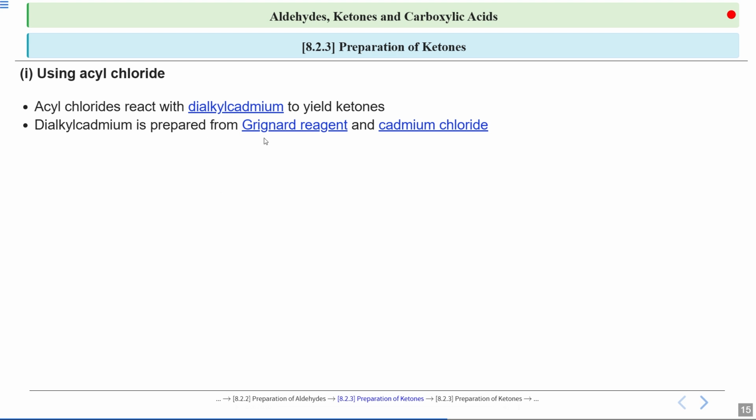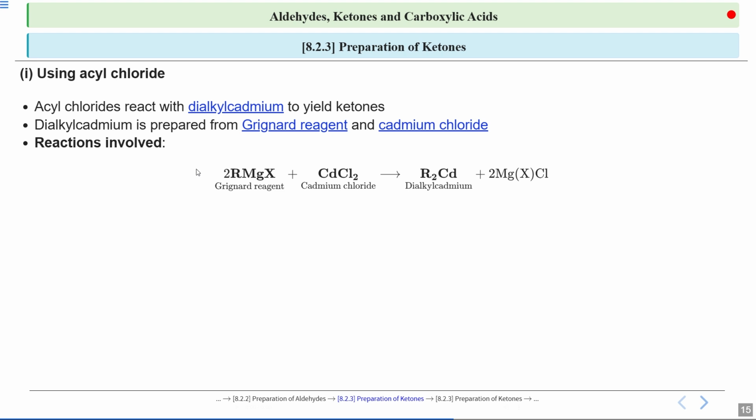So when you react Grignard reagent and cadmium chloride, you get dialkyl cadmium. In this reaction you have two molecules of Grignard reagent. This is RMgX.